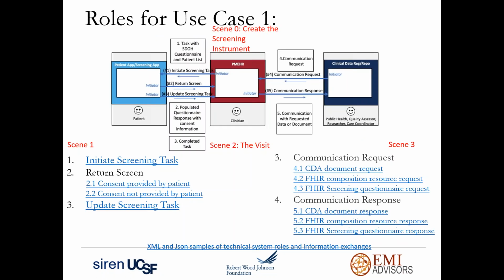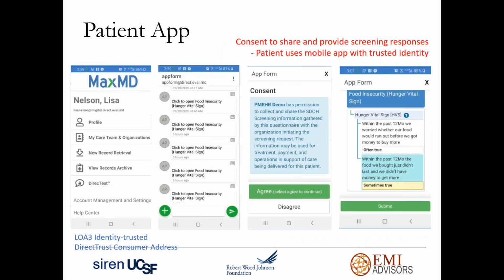So as we've been talking about this in terms of scenes, it's really about what I'm calling scene 0, with some assumed capability at the PMEHR to be able to create a screening instrument and express that as a FHIR questionnaire resource. So this video will just cover how to do that.